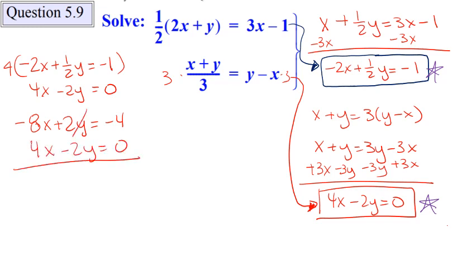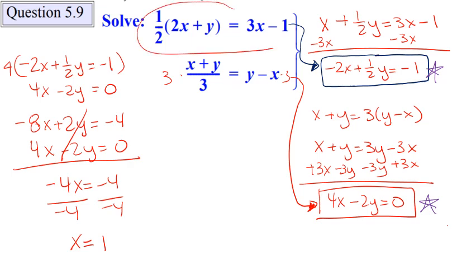And then what will happen, the y's will get eliminated. Negative 4x equals negative 4. And all that craziness turns into a nice whole number for us, x equals 1. I definitely don't want to plug it back into these guys because I feel like it's going to be too messy. So what I'm going to do instead is make my life easier and plug it back into this guy.